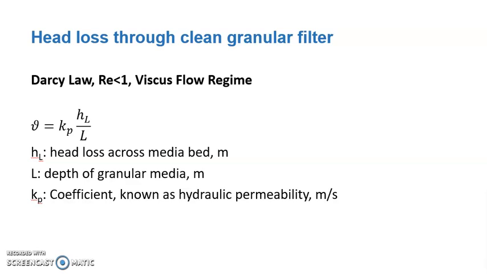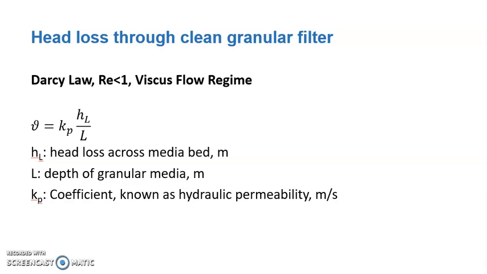When Reynolds number is lower than 1, we have Darcy's law. So epsilon equals Kp multiplied by head loss divided by length, basically the depth of the granular filter media.